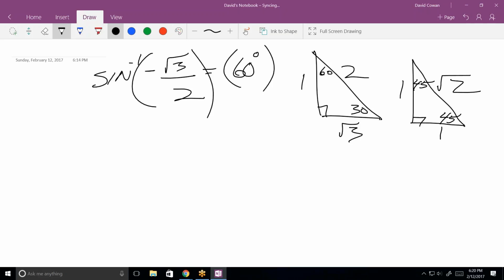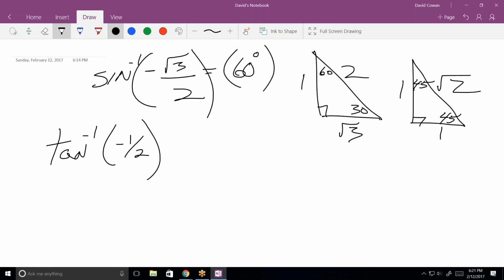Okay. What's the next? The inverse tangent of negative 1/2. Which quadrant is that going to be in? Quadrant 2. No. In other words, tangent is the same as sine.